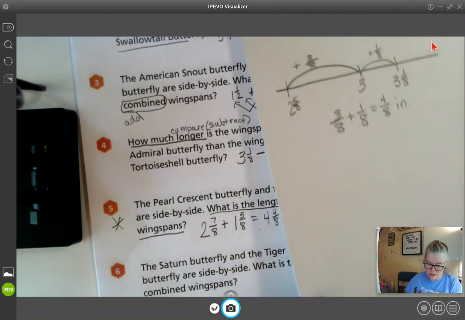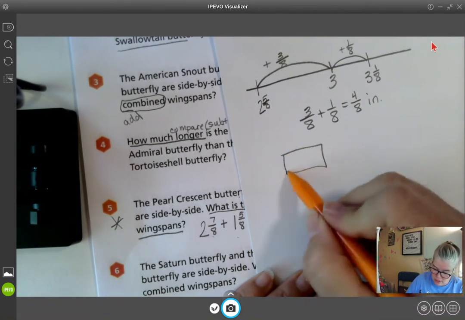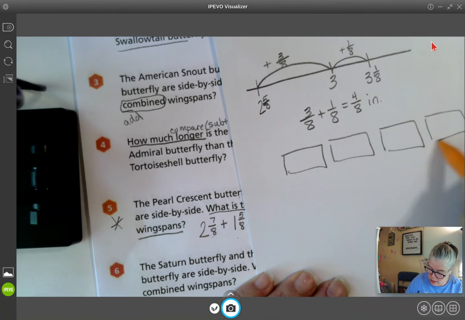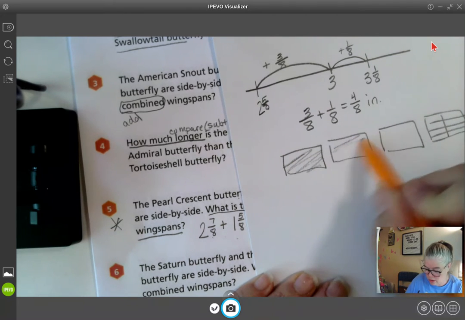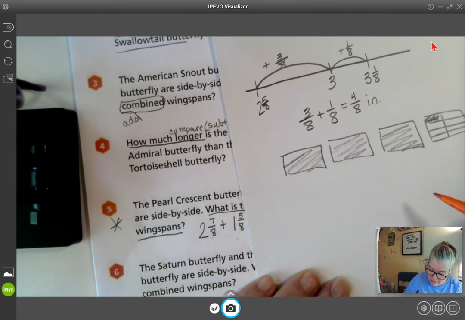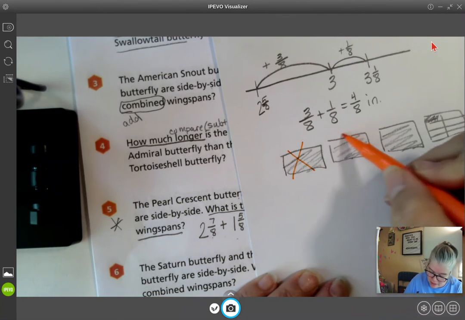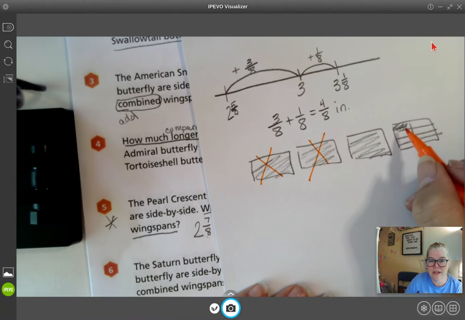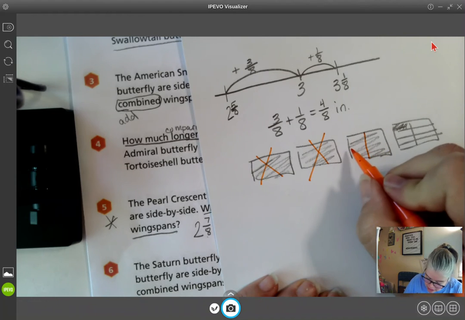All right, I could also draw that out. 3 1/8. So I have 1, 2, 3, and 1/8 of this next one. Take off 2 5/8. So take off 1, 2. I need to take off 5/8, but I only have 1/8 out here, guys. So I have to cut this one into eighths.